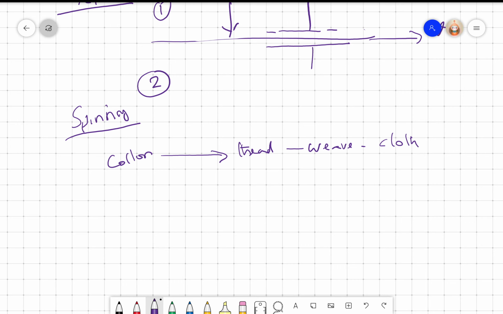Normally cotton is combed, cleaned, and then made into a long kind of rope, which is again reduced in diameter, reduced in diameter, reduced in diameter, and twisted. Right. Finally, I get a very thin fiber or thread, as we call, and that you wind on a bobbin and use it in the machine to weave the whatever cloth you want.